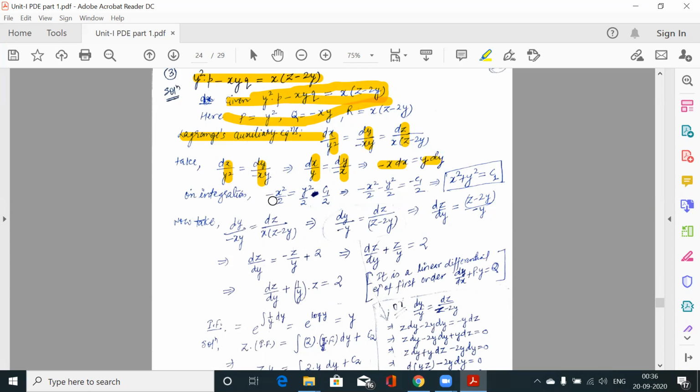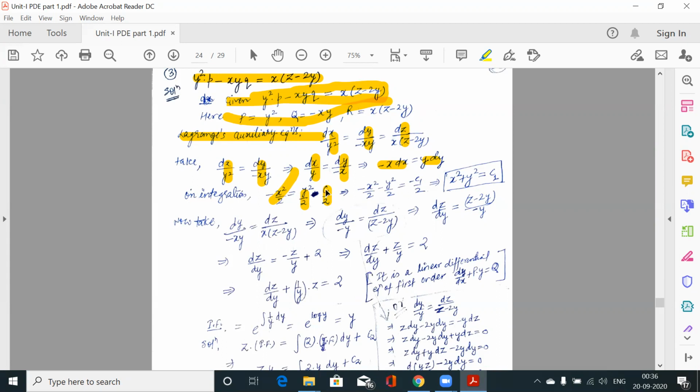So on integration, this would be minus x square by 2, y square by 2 and one arbitrary constant. I have taken it with minus sign, you can take it with positive sign also. I have taken C1 by 2, you can take it as C1 alone. I have divided by 2 only to simplify the equation, otherwise there is no objective.